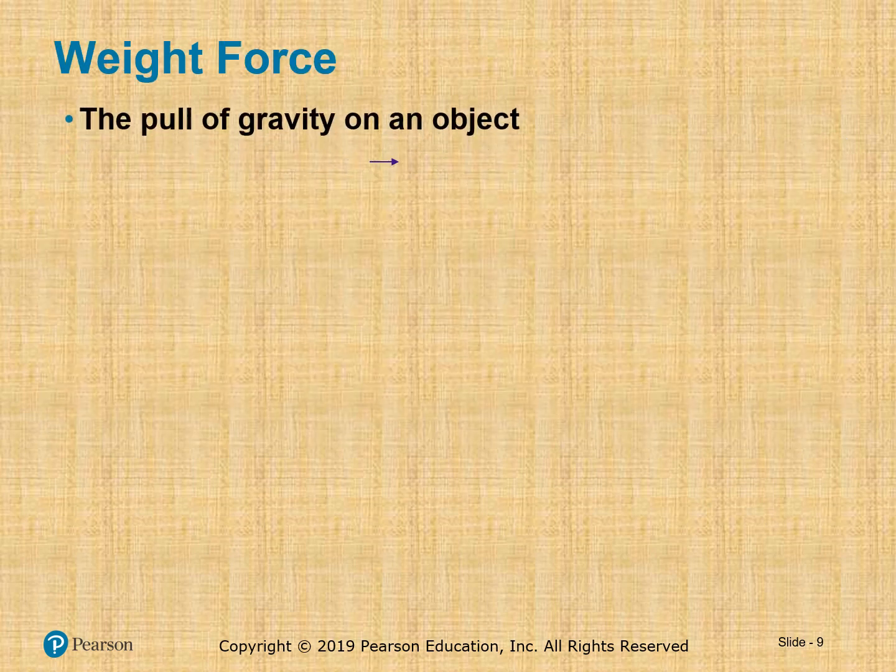Let's look at weight. The pull of gravity on an object. Weight equals mass times gravity. Okay, it's denoted by lowercase w with an arrow over it because it's a vector.